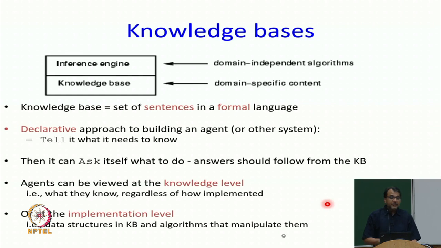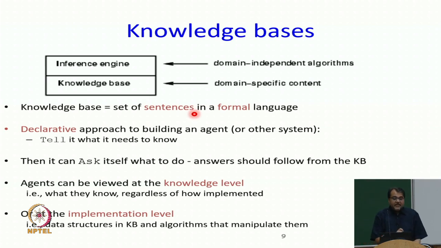Then, as the slide says, the knowledge base is the set of sentences written in a formal language. And where does this language come from? It comes from the syntax of the particular underlying logical representation that we are using. This would be declarative.